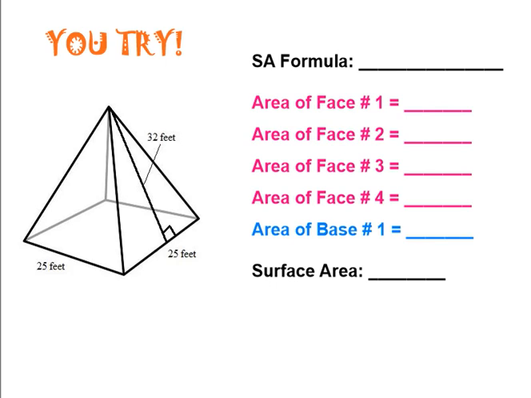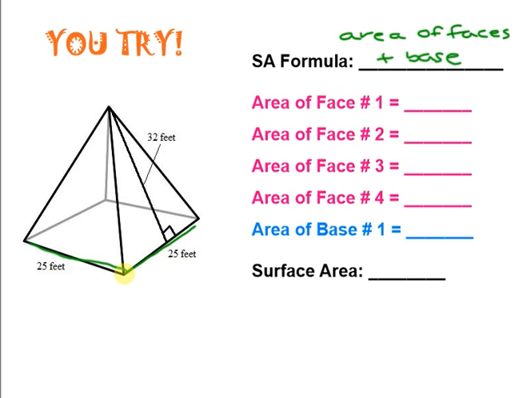Alright, now I know that this says you try, and if you want to try it on your own, you can go ahead and mute me, but I'm going to go ahead and talk through it. So the formula is area of faces plus base. I'm going to start with the base.